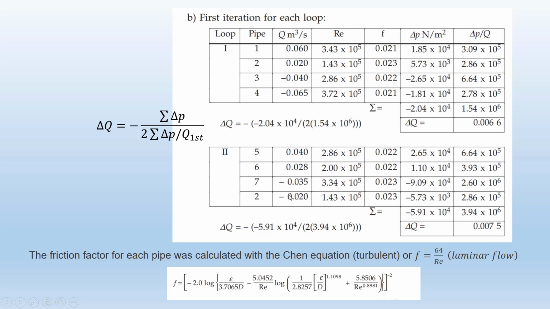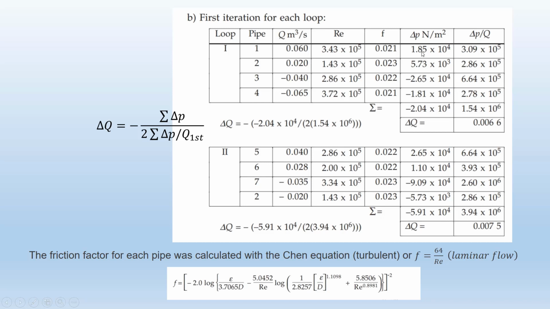Then you can find the velocities. You have all the Q's. Keep in your mind that the velocity is actually a positive value. You need to use the absolute value. Then you can find the Reynolds number. By having the Reynolds number, you can find the friction factors. Now you have the friction factor. You can find the delta P for each pipe. What's the equation for the delta P?